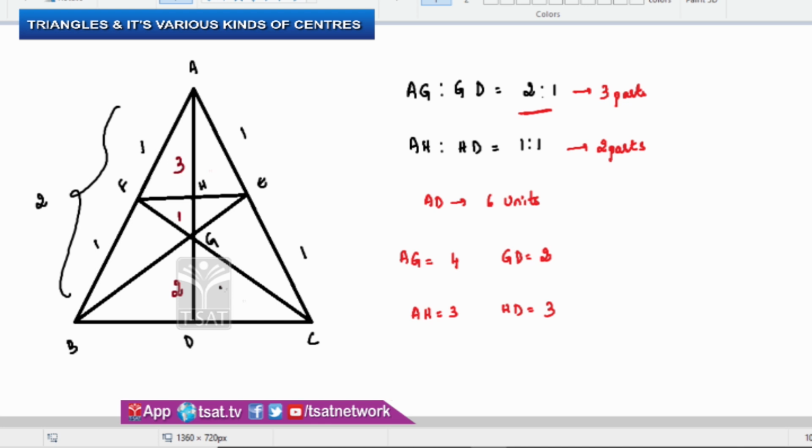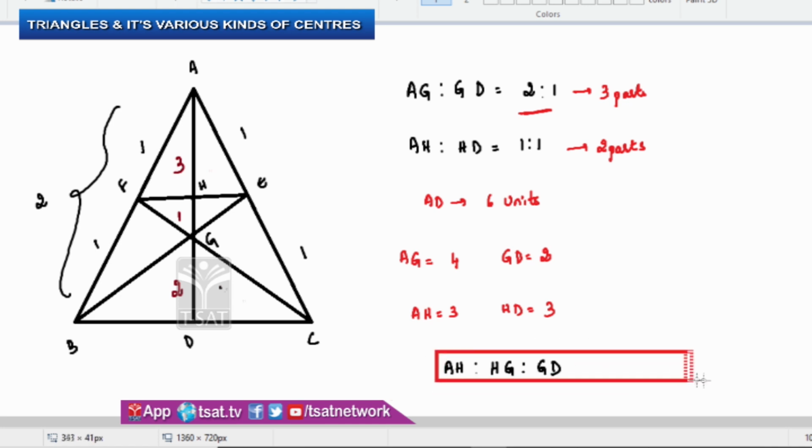So, finally, we get the ratio AH:HG:GD equal to 3:1:2.